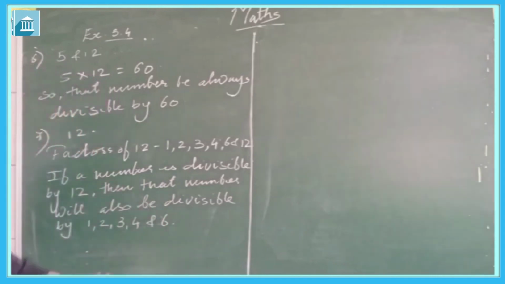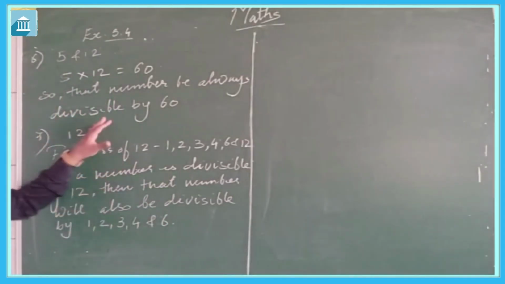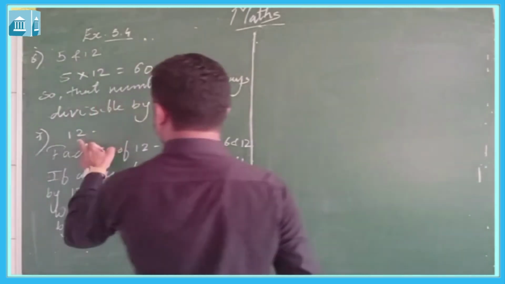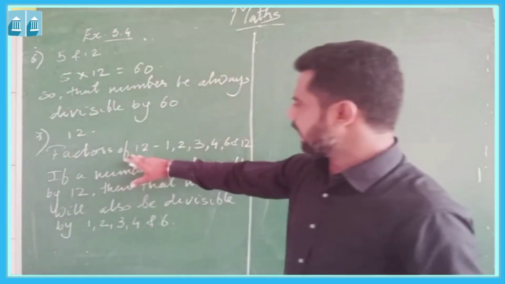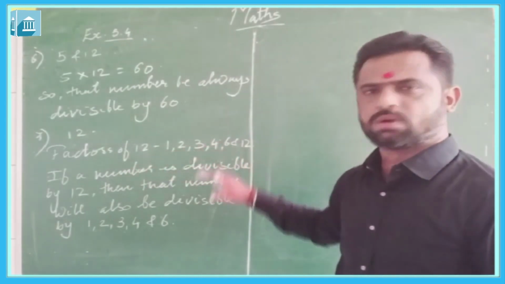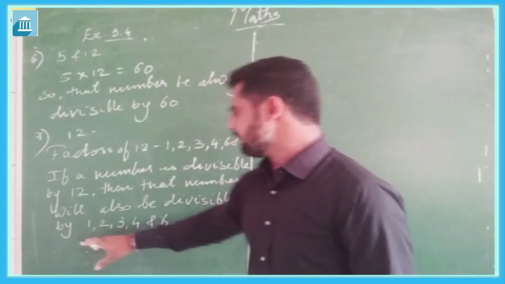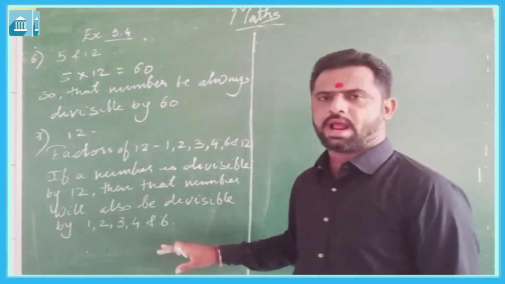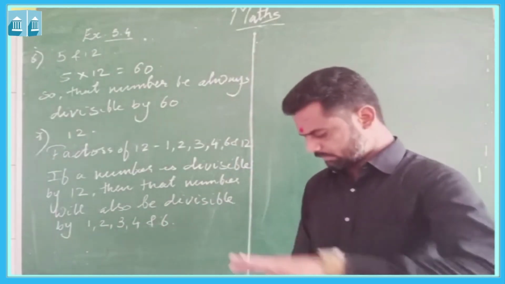That is the factors of 12. If a number is divisible by 12, then it is also divisible by all the factors of 12.